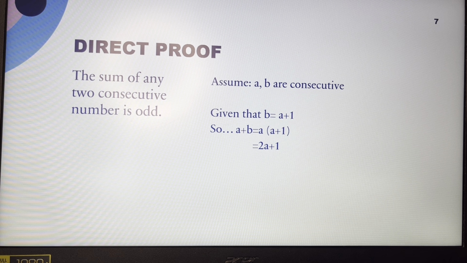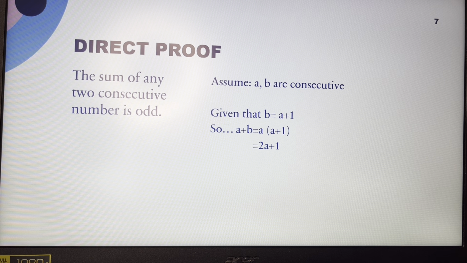It's given that b equals a plus 1. So a plus b equals a plus a plus 1. So we simplify, so a plus b equals 2a plus 1.